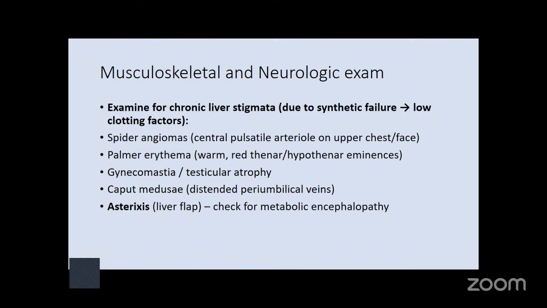And since we are still considering the possibility that the anemia or this condition can be caused by nutritional factors like B12 deficiency, or by chronic liver disease, which can be associated with encephalopathy, you will have to do a musculoskeletal or neurologic exam. On the skin, we look for spider angiomas and palmar erythema. Generally, we will look for gynecomastia and testicular atrophy in liver disease, and caput medusae.